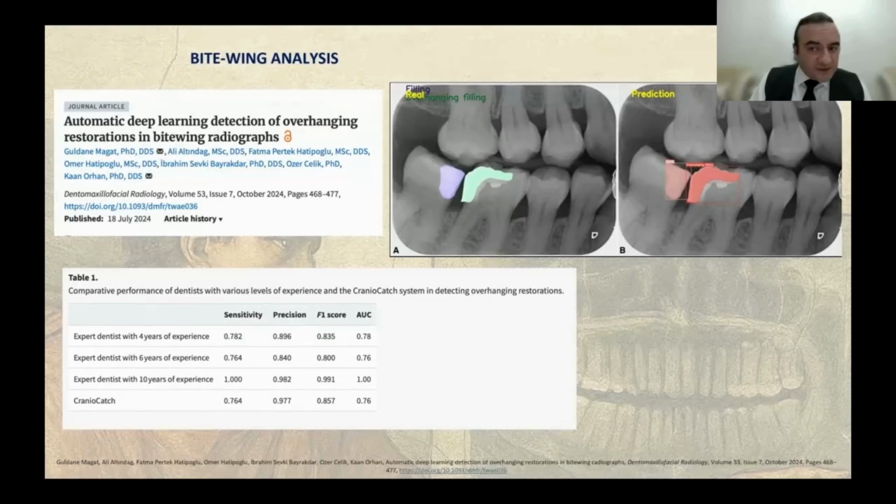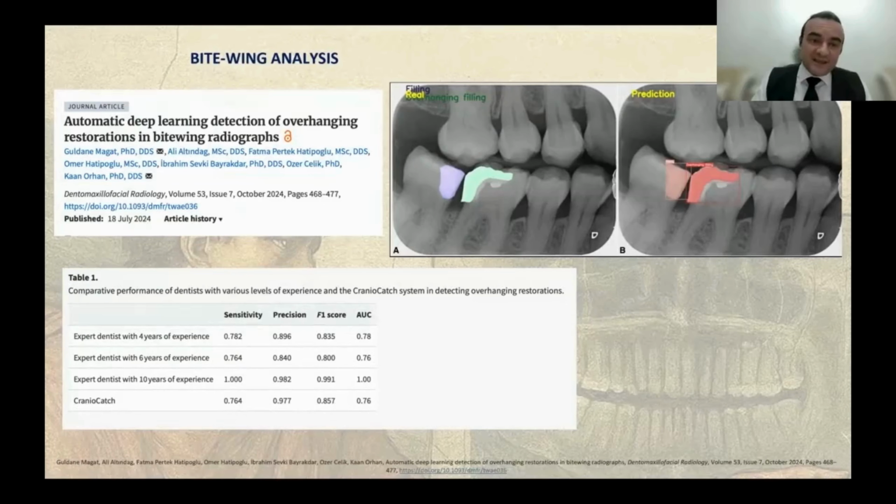So we performed a study about this. The important part, as you can see from the table, is that the AI, the cranial cage, had scores very similar to expert dentists with 6 years of experience. The AI algorithm reached experienced dentists in detecting these overhanging restorations.